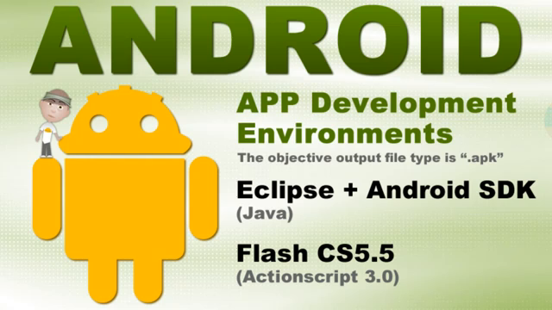Between these two, Flash CS 5.5 and Eclipse, the more popular method of creating standardized Android applications is using the Java method, some version of Eclipse, or you can even use the command line interface to create your APK files. In previous versions of Flash, there were no native APK output abilities when using AIR.